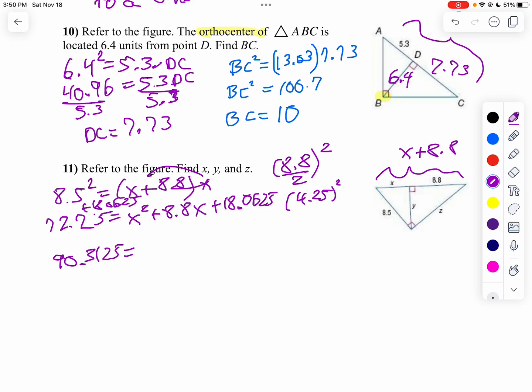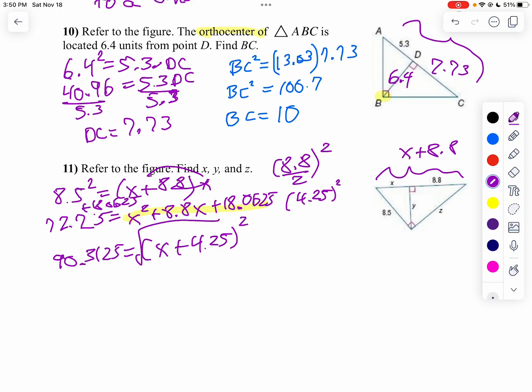Now the whole reason I added that makes my polynomial, my trinomial, a perfect square, so I can factor that. So that's x plus, and we'll do the square root of 18.0625, which we said was 4.25.